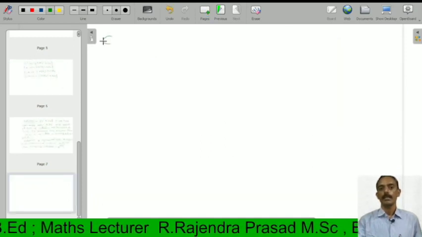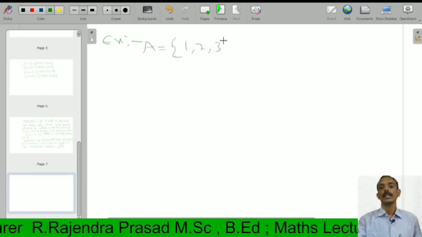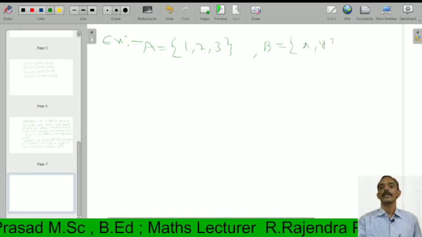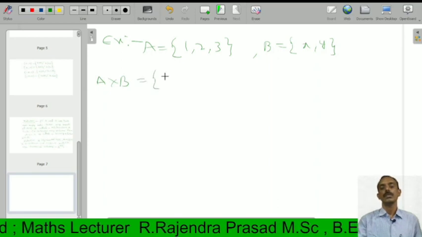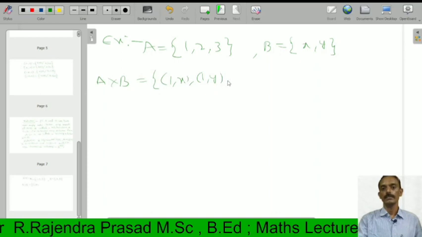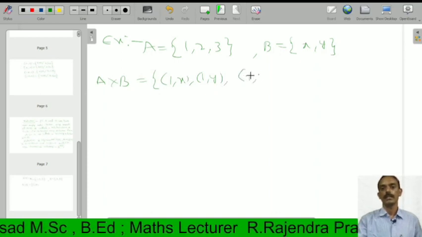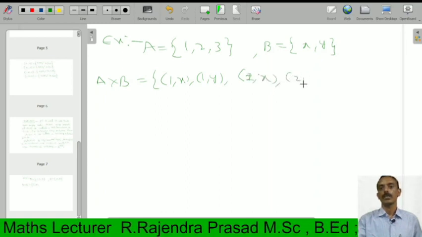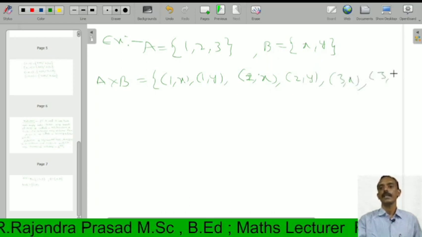For example, A equals {1, 2, 3} and B equals {x, y}. Here A cross B equals (1,x), (1,y), (2,x), (2,y), (3,x), (3,y).